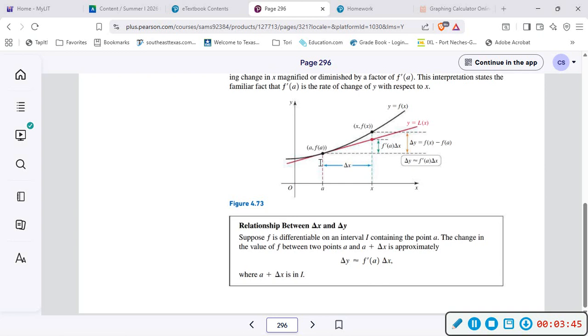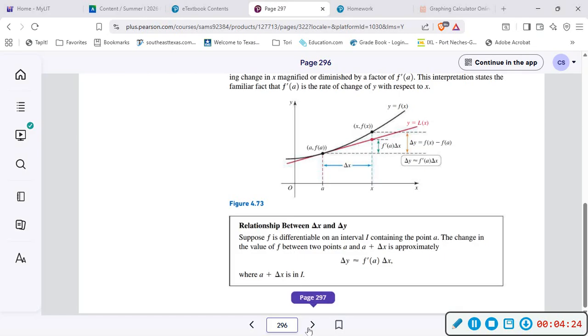So here's what they're showing you. We have some value, let's just call it 1, and we're going to 2. We don't know what that is. The difference is 1. You'll have a y value associated with that first x value, and then you'll have another y value. The distance between here is what we're calling change in y, and the distance between here is change in x. You find the tangent line, and then this formula will approximate the change in y based on the tangent line and the change in the x values.